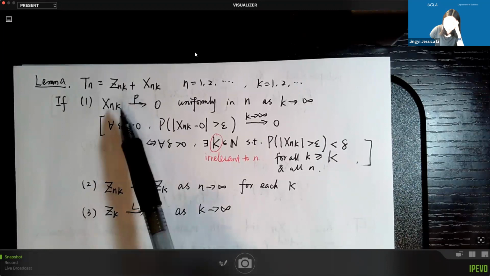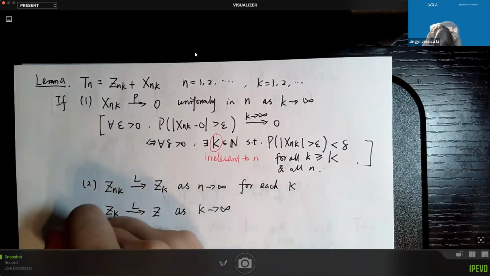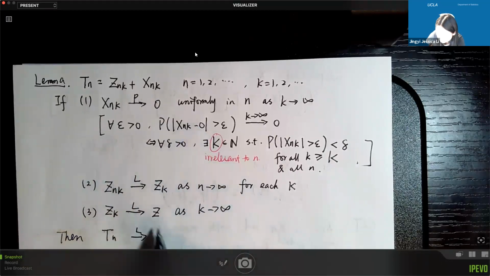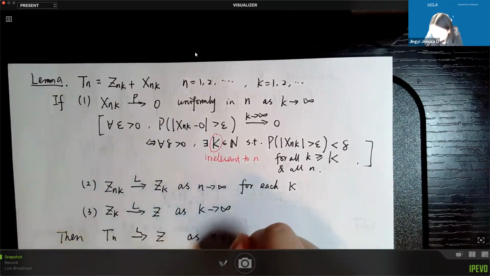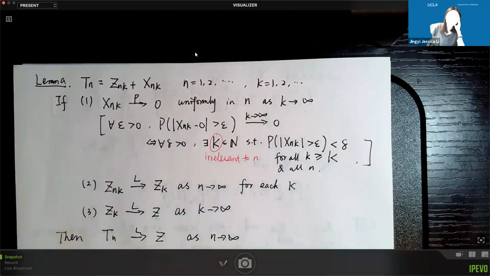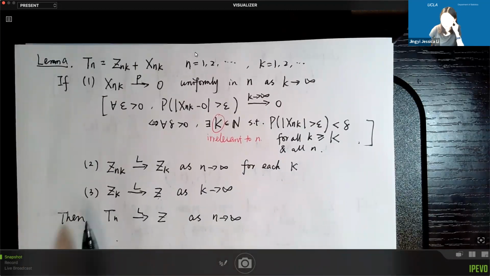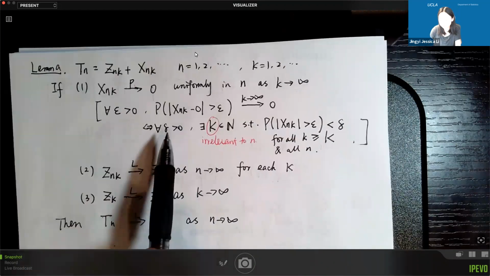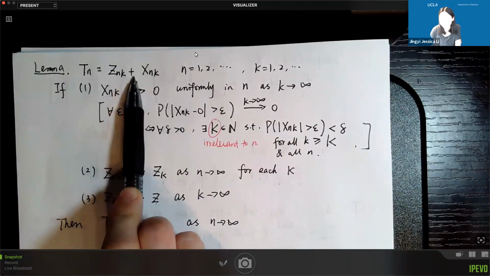So with these three conditions combined together, I can have T_n converge in law to the final limit Z as n goes to infinity. What's special about this lemma is that what we want to prove is only about n, but what we use in the middle is arbitrarily introducing another index K and letting K change.